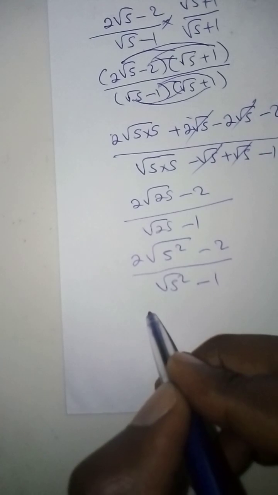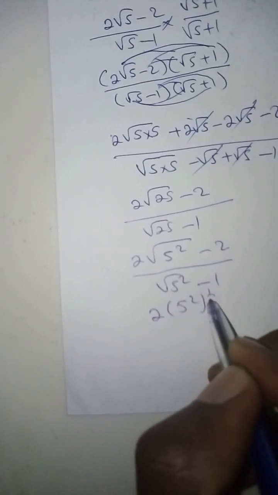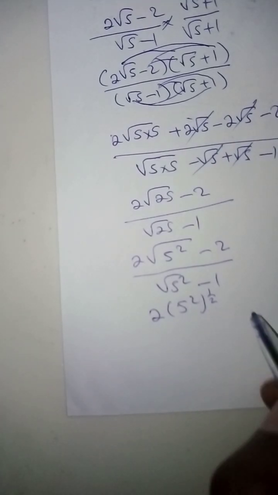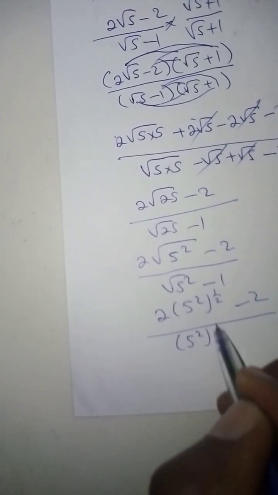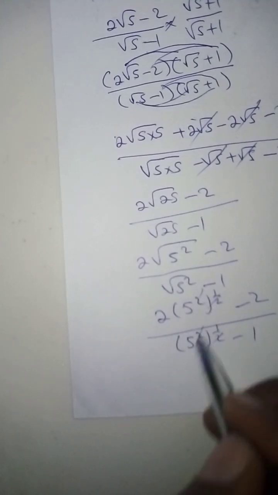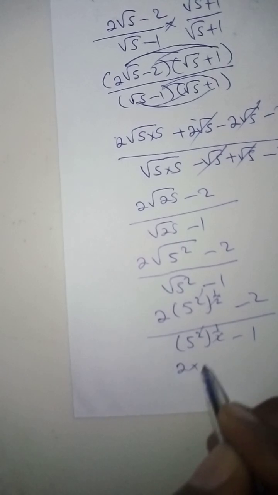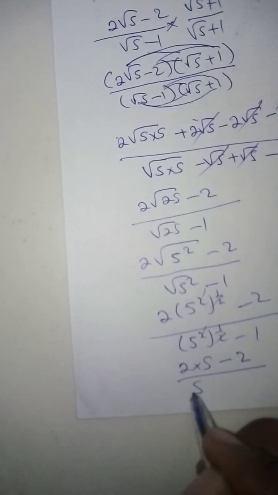So now this would mean that we have 2 times 5 squared to the power of a half. Remember, a square root is equivalent to a half. So now we have 5 squared to the half minus 1. Therefore, this will cancel out. So now you have 2 times 5 minus 2 over 5 minus 1.